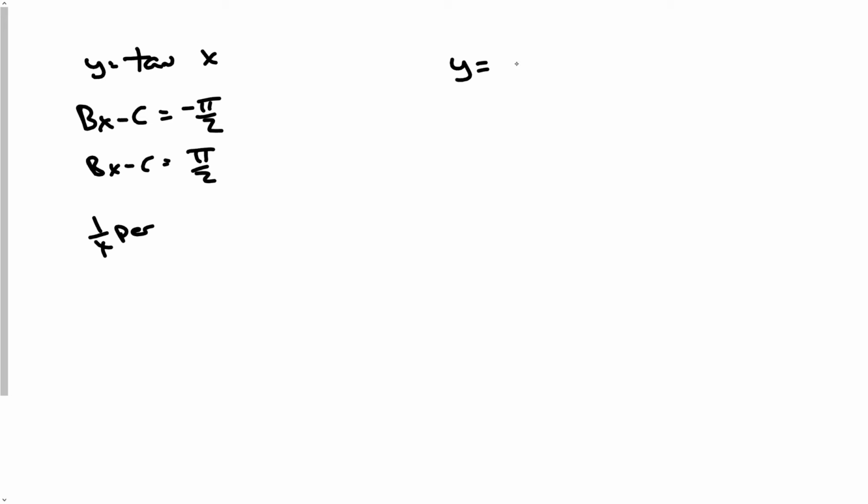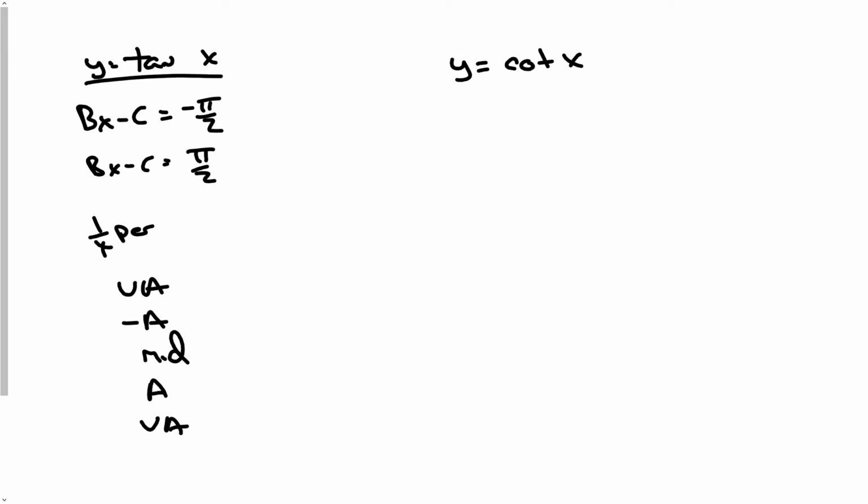For y is equal to cotangent x, it goes vertical asymptote, negative a, mid, positive a, vertical asymptote. Okay.